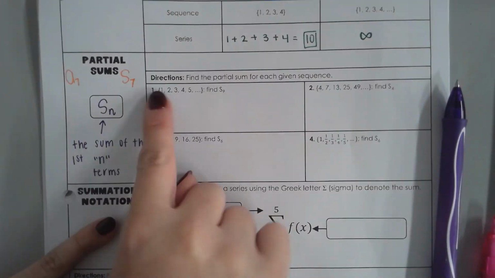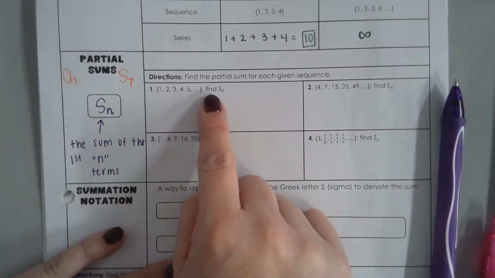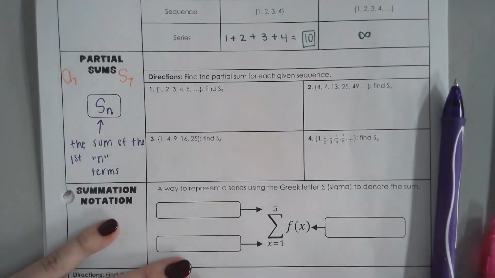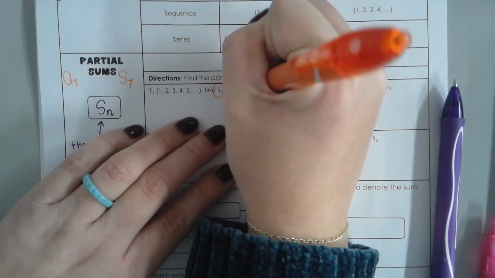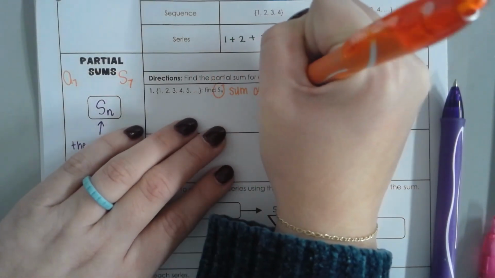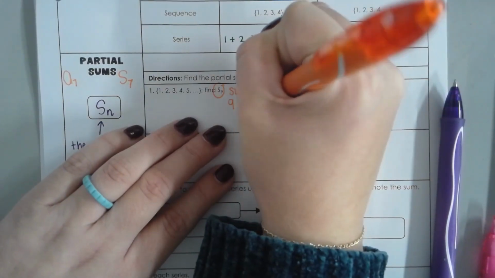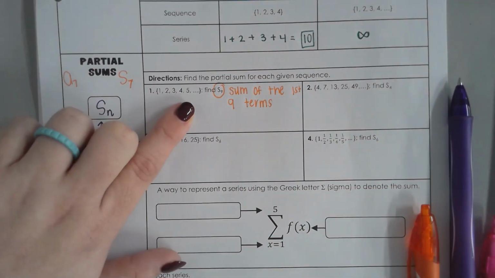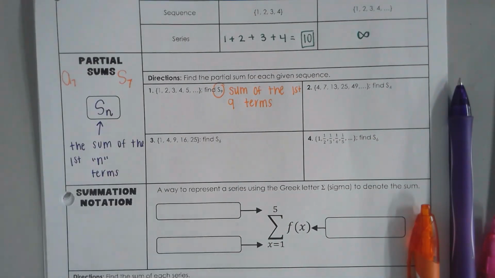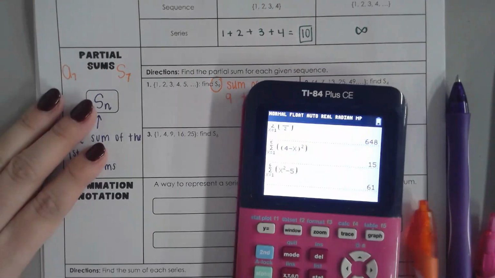So here I have the sequence 1, 2, 3, 4, 5, and so on. And it says find S9. That means the sum of the first 9 terms. Now I only have the first 5, but I can see a pattern and continue that till I get the first 9 numbers.